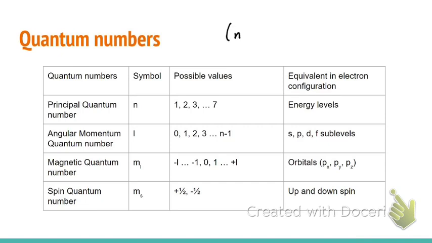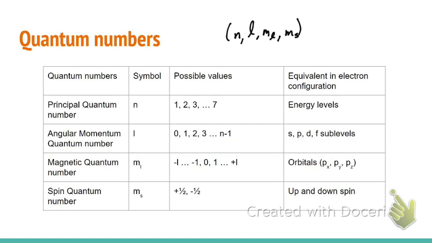The first number is always your energy level or your principal quantum number. Then angular momentum, L, and I put L as a cursive just so you don't get confused with the number 1. Then M sub L, which is your magnetic number, and then M sub S, which is your spin.